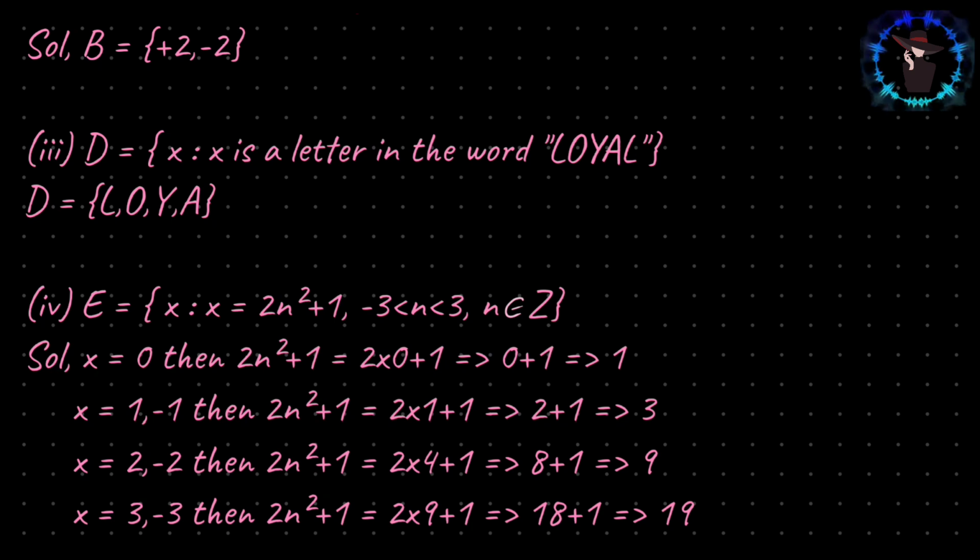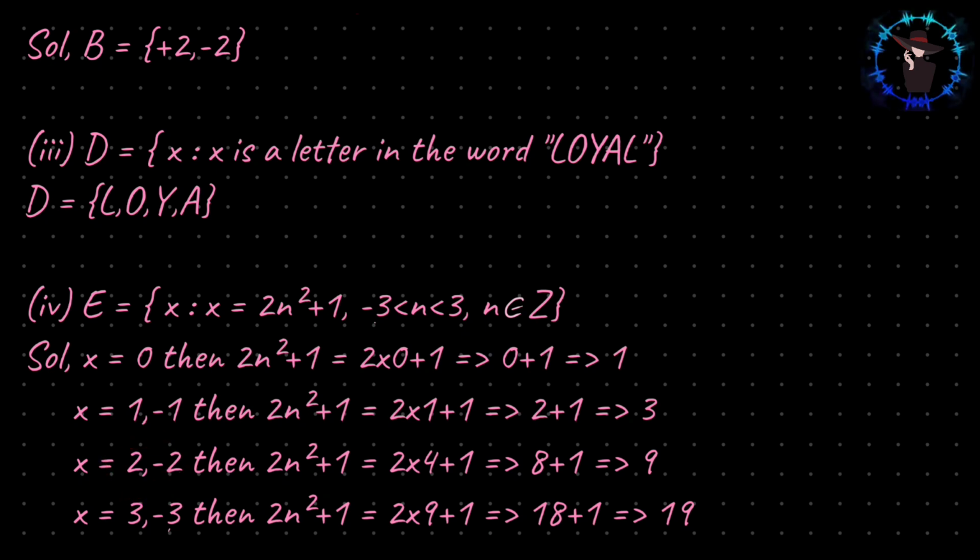Okay, so take minus 3, then 2 into minus 3 whole square equals 9. 2 into 9 plus 1 is 18, plus 1 equals 19. No matter if we take 3 or minus 3, we get the same answer. 3 done.